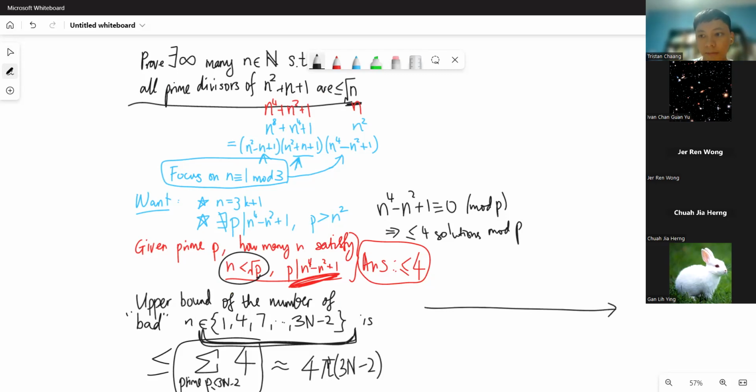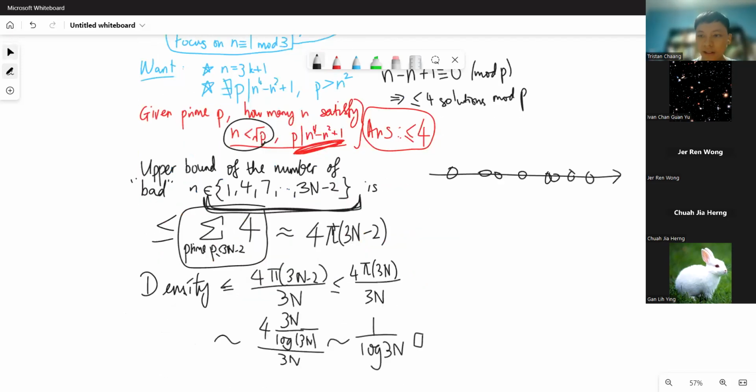Let's say the prime 2 prohibits these 4 numbers, maybe, and the prime 5 prohibits these 4 numbers, and so on and so forth. So what's the density of the union of all prohibited numbers? Apparently it will be less than 1. In fact, it goes to 0, according to this.